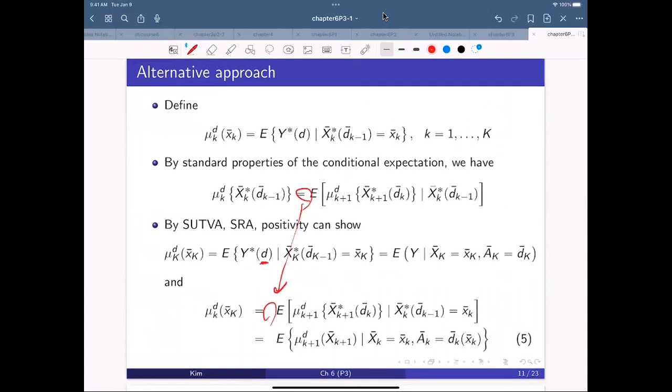If you observe Y star given D, then no problem. But because this is only given partially, we need to carry it backward.